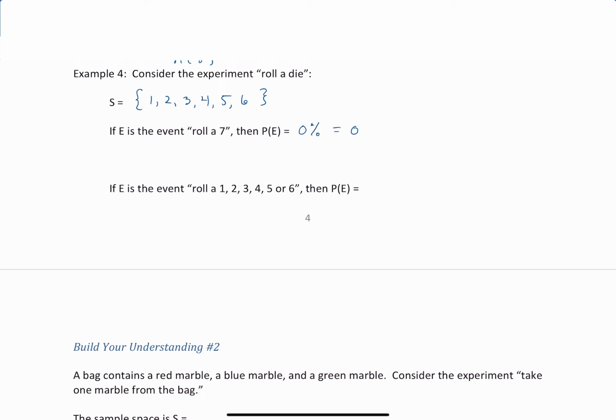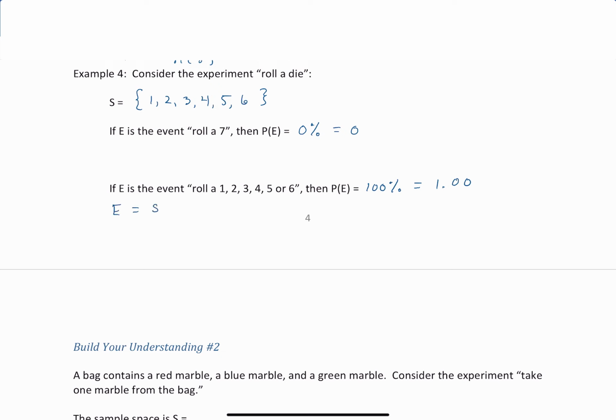On the other hand, if E is the event roll a 1, 2, 3, 4, 5, or 6, well, when you roll a die, you've got to get one of those. You have a 100% chance of getting one of those. So your probability is 1, or 1.00. Now, notice that E, in this case, is the same as the sample space.